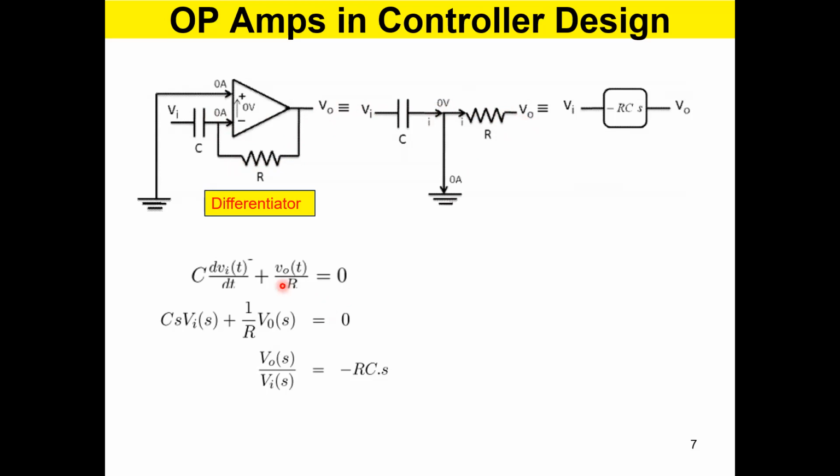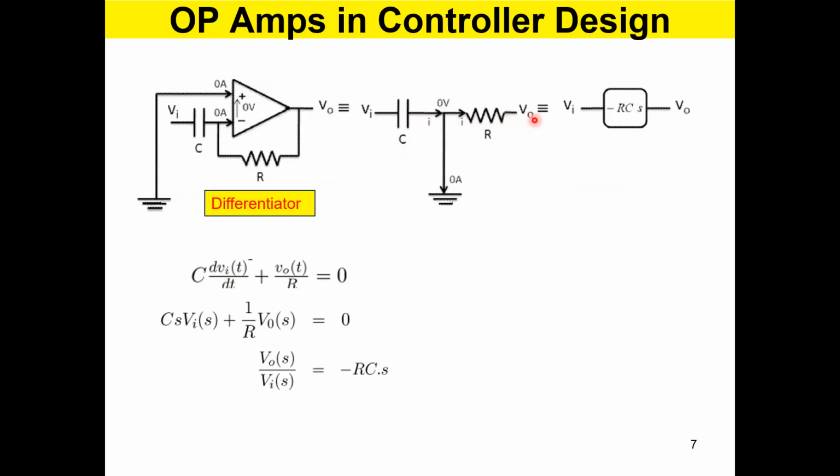Now, if you write the equations again, KCL for this node, what is the current through a capacitor? Current through a capacitor is capacitance times the rate of change of voltage, C dVi over dt. That is the capacitor equation. Plus, if you look at the other side, this time you are adding currents together and setting it to 0.